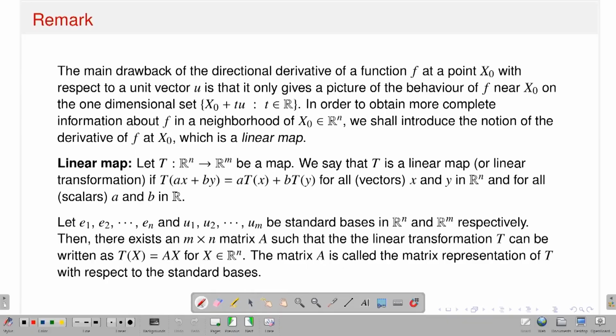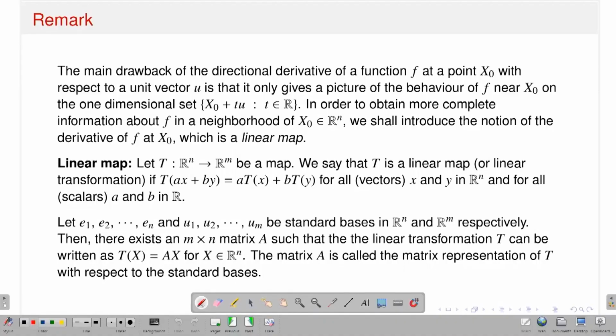Before I give the definition of total derivative, this is just one remark. I already discussed why the existence of the total derivative is important, and why I would like to introduce the notion of total derivative: partial and directional derivatives are not enough to talk about the differentiability of f. This is the main drawback.